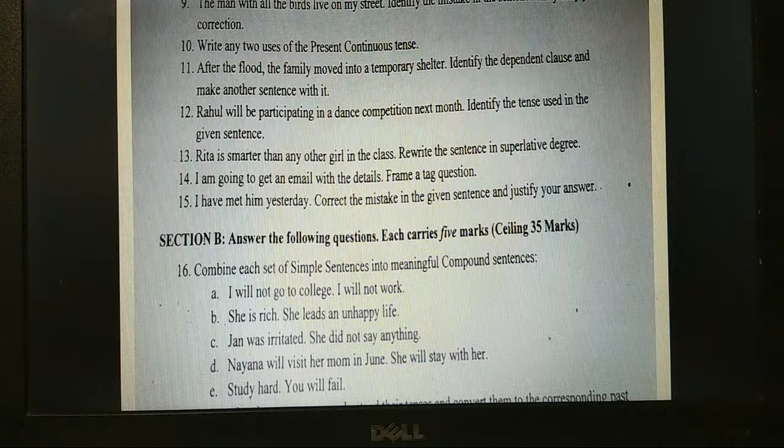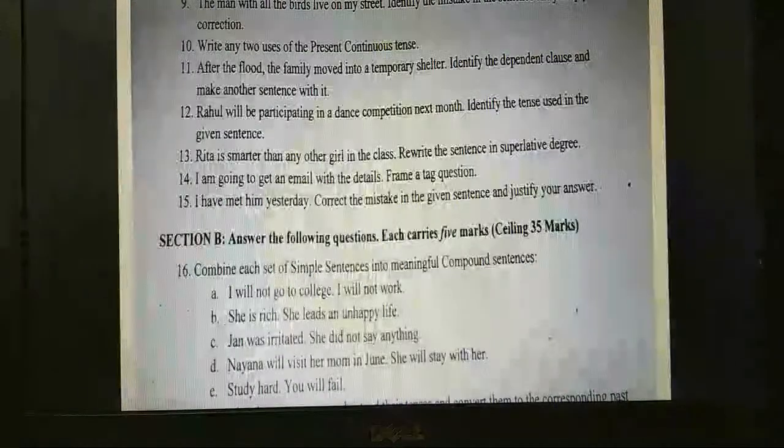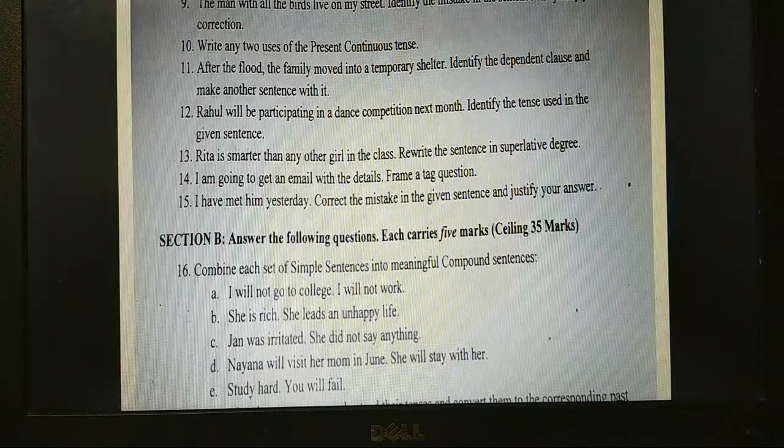After the flood, the family moved into a temporary shelter. Identify the dependent clause and make another sentence with it. So you have to identify the dependent clause. Dependent clause is the subordinate clause.